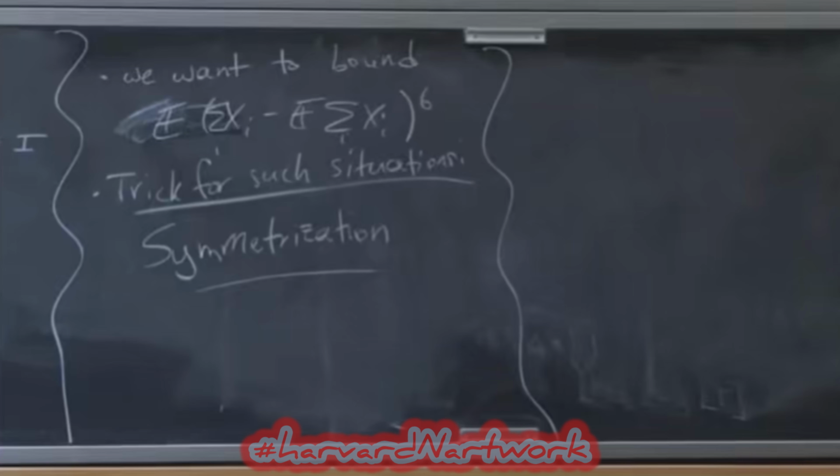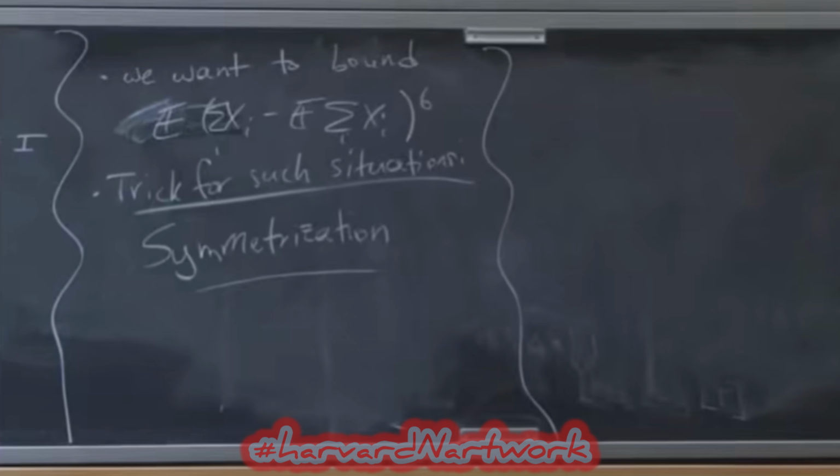Okay. And you might as well imagine that, so this expectation is just a number, these xi's inside this expectation are independent copies of the actual xi's. So xi prime is a random variable that's independent of xi, but is distributed exactly the same way.